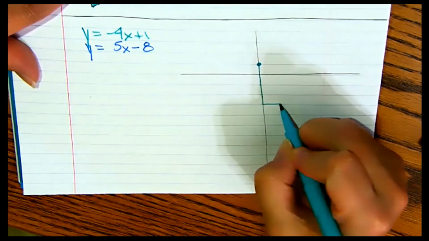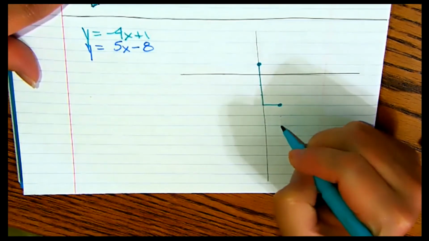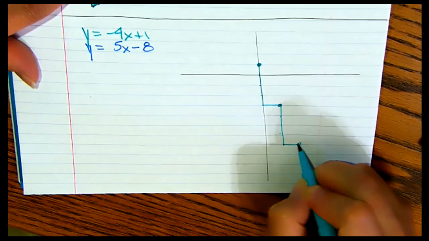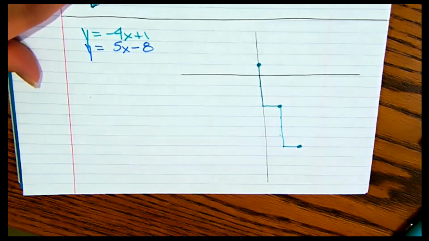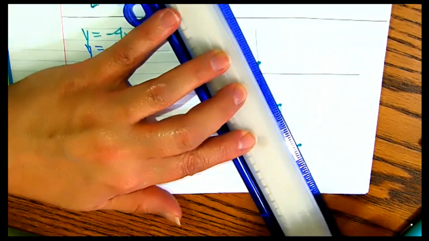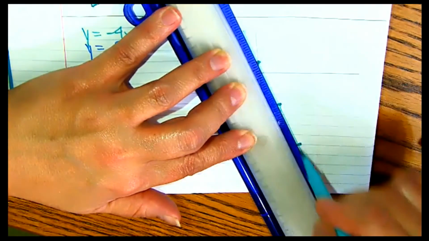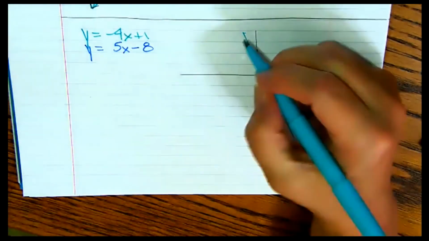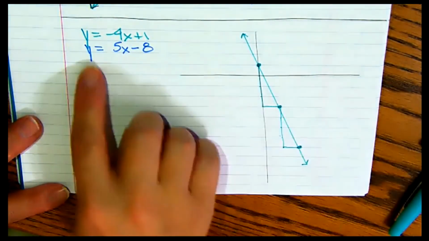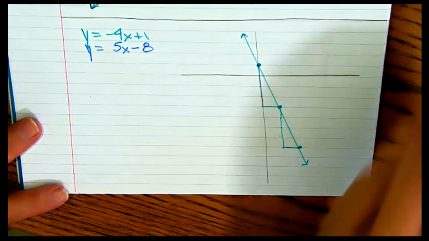Down 4 over 1. There we go. Now we need to graph this second equation.